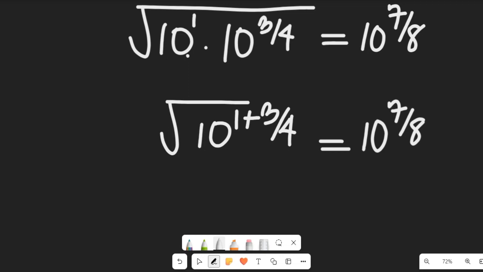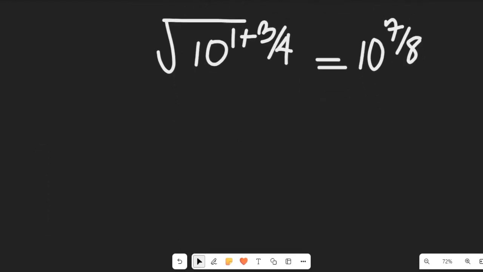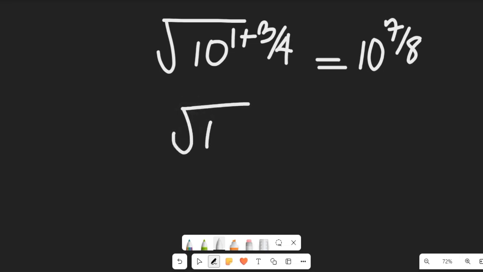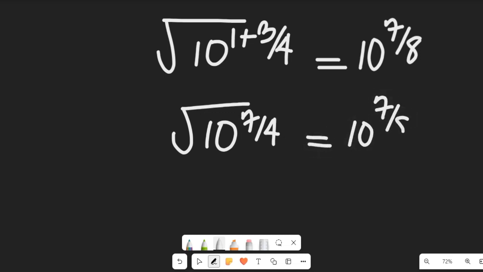So 10 to the power of 1 plus 3 divided by 4, what is it going to give us? If we do that simple fraction, we're going to have that expression to now give us square root of 10 to the power of 7 divided by 4. Will it be equal to 10 to the power of 7 divided by 8? Now remember, we have a square root here.